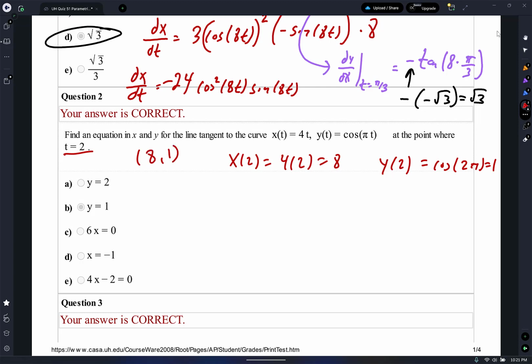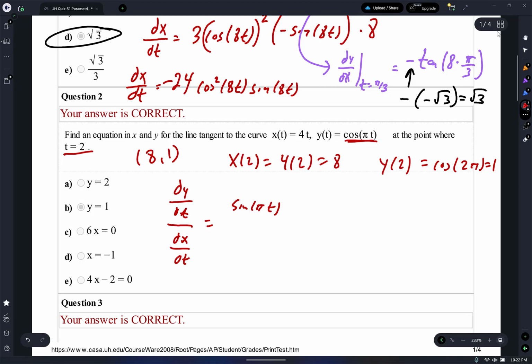Find the equation. Okay, so now I need my slope. So obviously it's a horizontal tangent, but at the time we don't know that, right? So here's my slope, guys. dy/dt divided by dx/dt. So dy/dt, the derivative of cosine is, or negative sine, right? Negative sine pi t times pi.